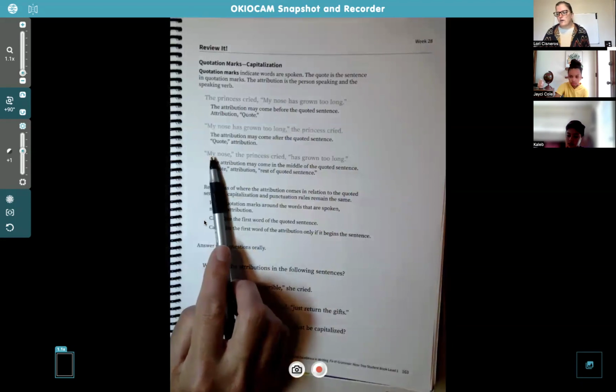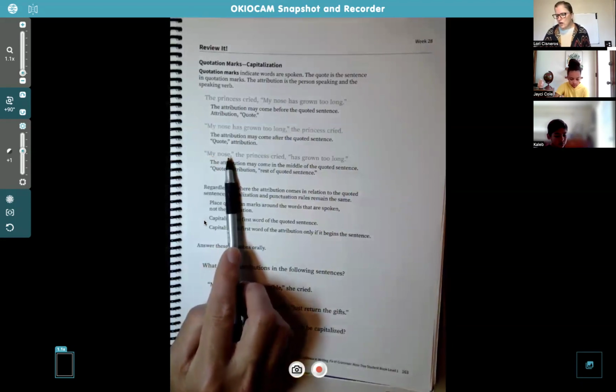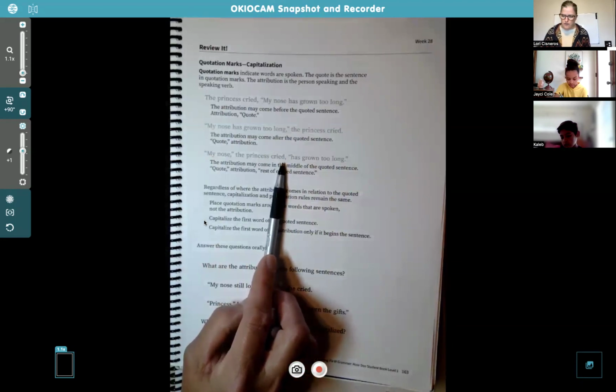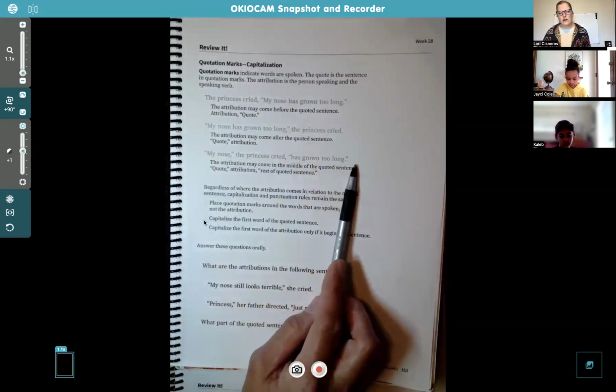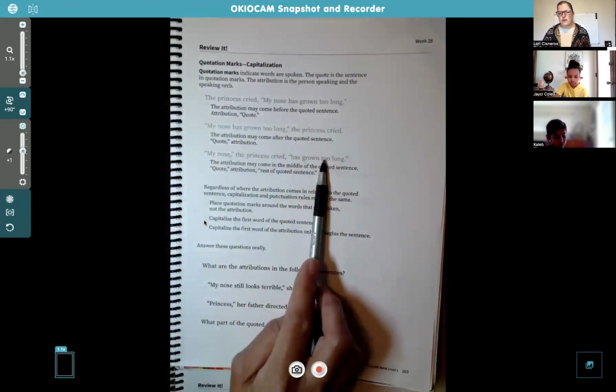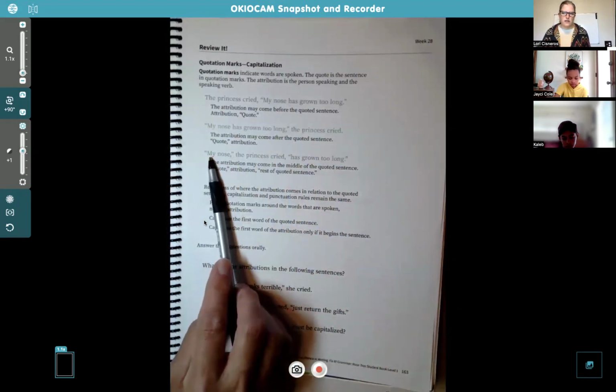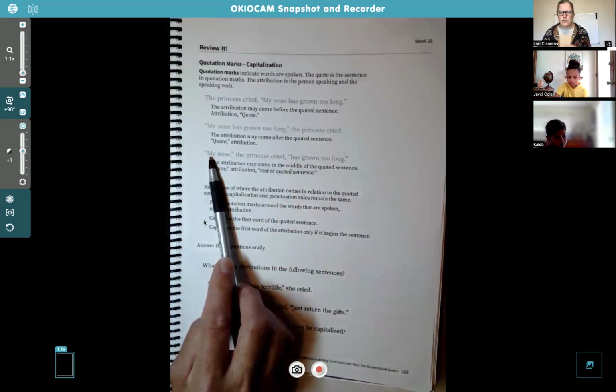And then the third example is when they split up what she says. So it starts out with "my nose, comma, the princess cried, comma, has grown too long." So they split it up in two parts here. The M in my is capitalized. So always know that when you see a quotation of somebody, a quote, the first letter is always capital, just like in a regular sentence.